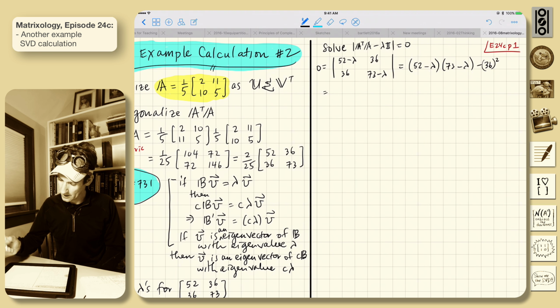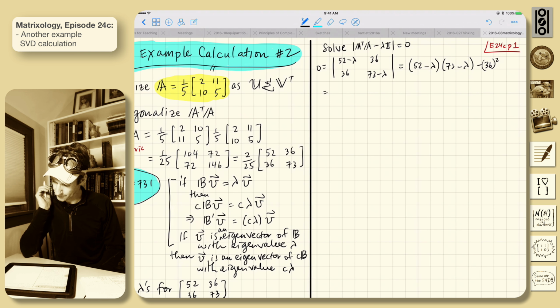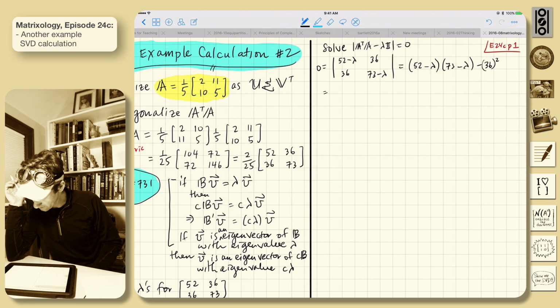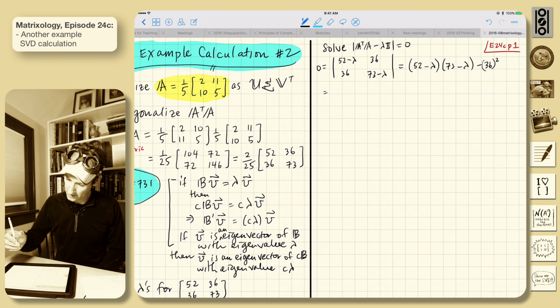So what is that? We end up with 52 times 73, so we'll get that right. There's going to be 3,500, plus 6, and then 296, so 3,796.